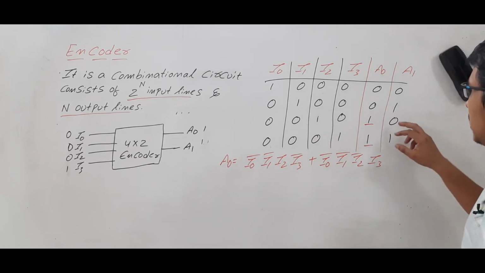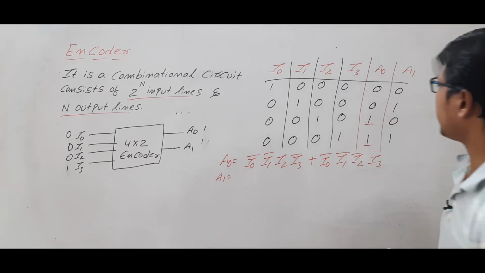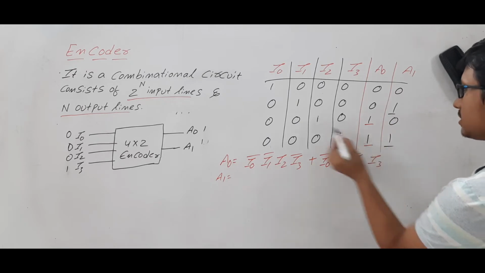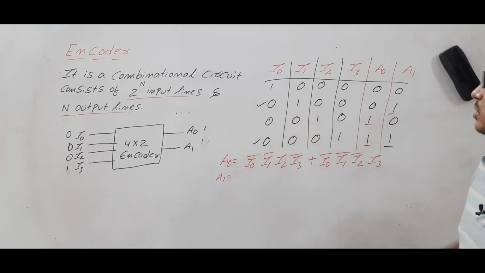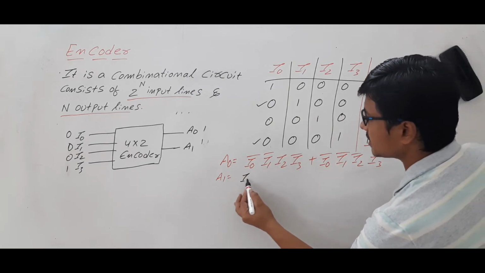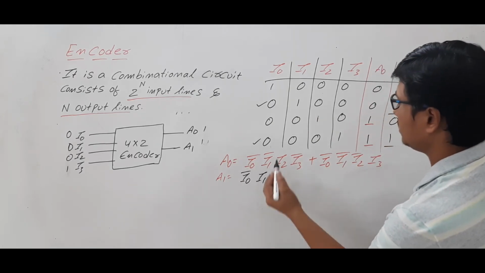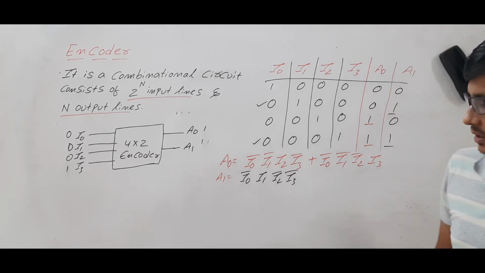Now come to the A1. A1 can be written as, wherever the minterms are there, here it is and here it is. So take these two terms. This is 0, 1, 0, 0, which can be represented as I0 complement, I1, I2 complement, and then I3 complement.